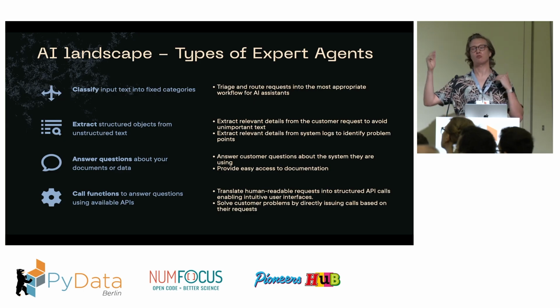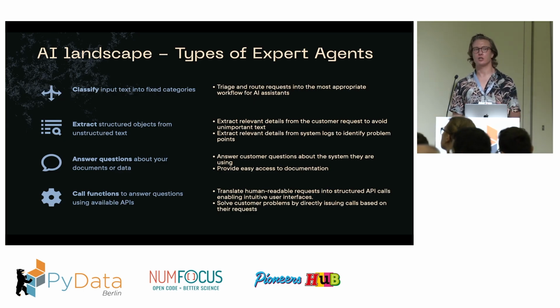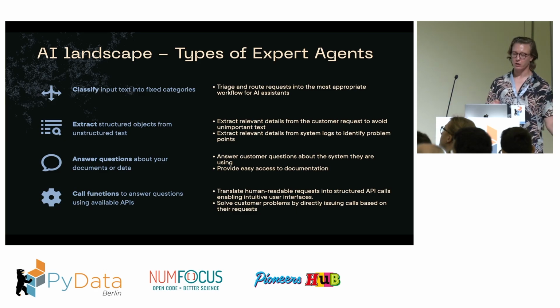For example, you have unstructured text with names, phone numbers, etc. You can essentially extract all the sensitive tokens so that you can redact them and replace them with something that is safe. For question answering, those can be answering customer questions about the system that they're using, providing answers about access to specific documentation, and so on and so forth.